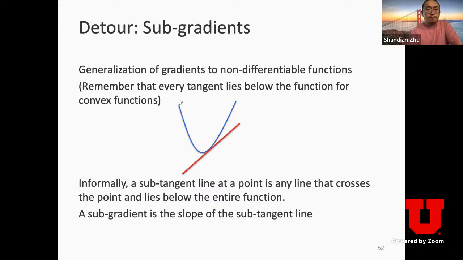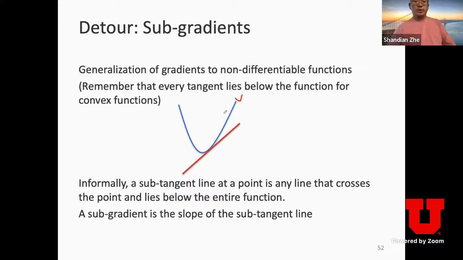Remember, for a convex function, if it is differentiable, we know this property: you can draw a tangent line at any point in the function body, and this tangent line will lie below the entire convex function. But what if this convex function is not differentiable?